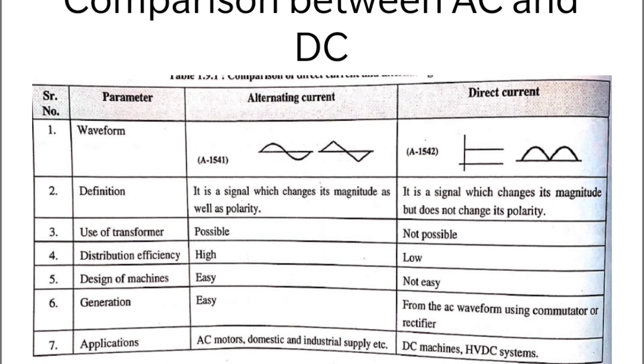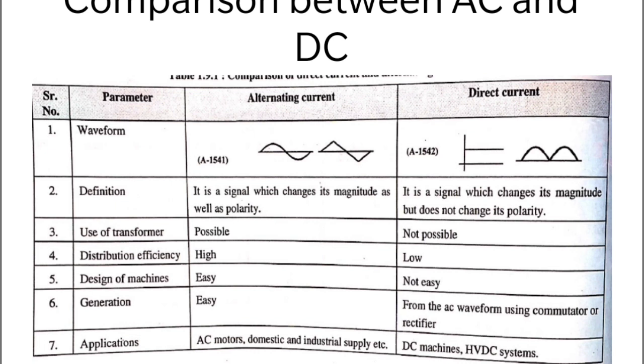In DC, there is no possibility of using a transformer, whereas in AC we can use a transformer. Hence, for distribution efficiency, like for substation applications, AC has high distribution efficiency and direct current has low distribution efficiency.